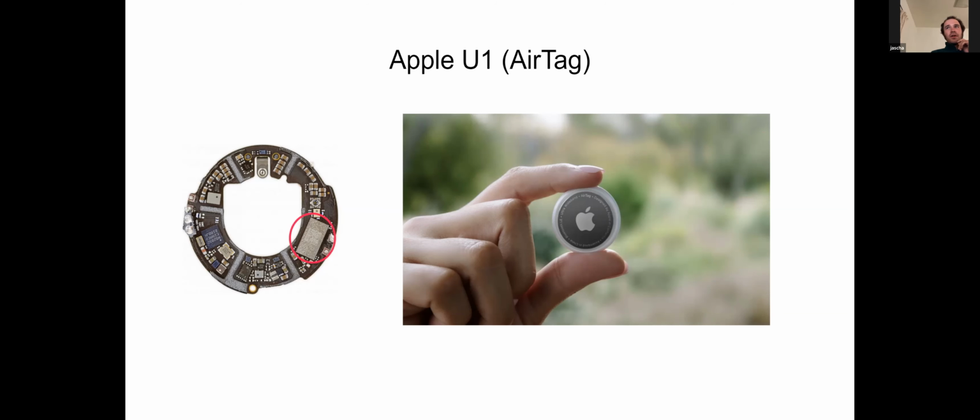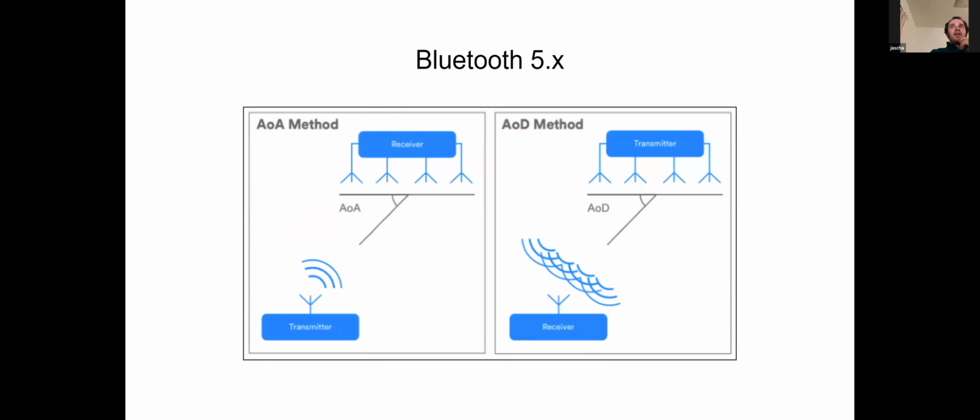I certainly don't know all the deeper, maybe more political reasons, but from a technical perspective, measuring the time of flight is very, very robust to a lot of things. And so Bluetooth is the other approach, where we're actually measuring the angle of arrival or the angle of departure.